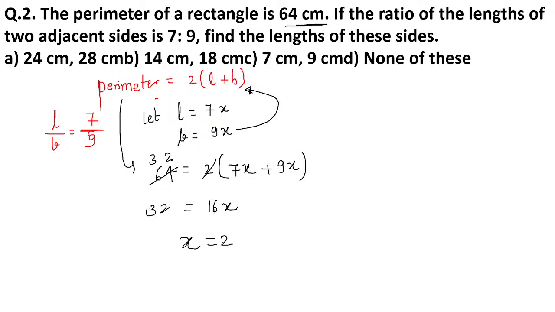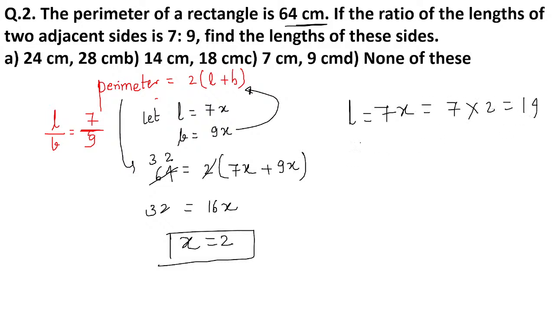So the value of x is equal to 2. So we got the value of x, from which the length 7x will be equal to 7 into 2, that is 14. And the breadth is equal to 9x, that is 9 into 2, 18. So 14 centimeter and 18 centimeter is the answer for the given question.